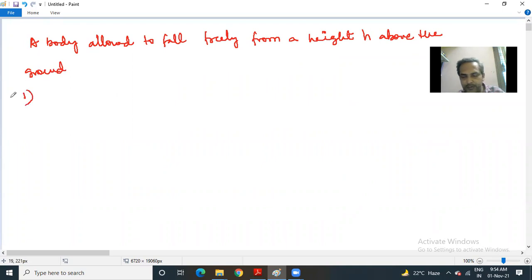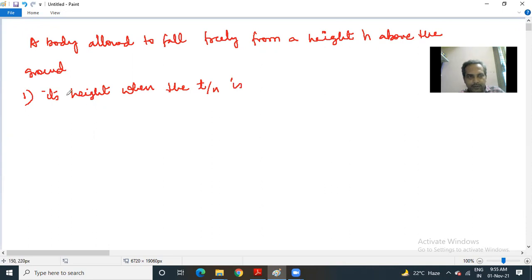So under this, the first bit is its height when the time t by n is given.